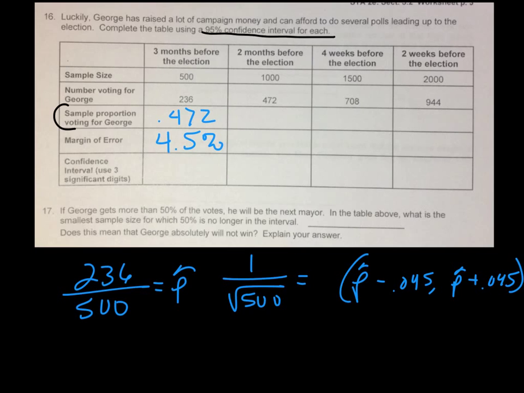Now that's one method, or you can change your p-hat to a percentage. So 47.2% minus 4.5 and 47.2 plus 4.5. You can do either one of those. I'll take either a decimal or a percent.